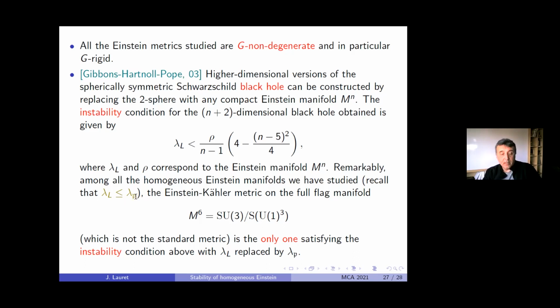That was very curious for us, and I don't know if physicists may be interested in this property.